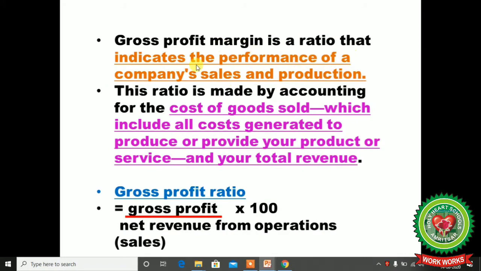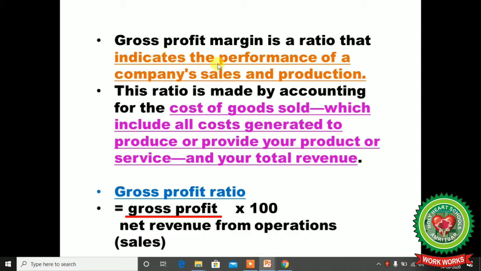Gross profit margin is a ratio that indicates the performance of a company's sales and production. This ratio is made by accounting for the cost of goods sold, which includes all costs generated to produce or provide your product or services, and your total revenue.